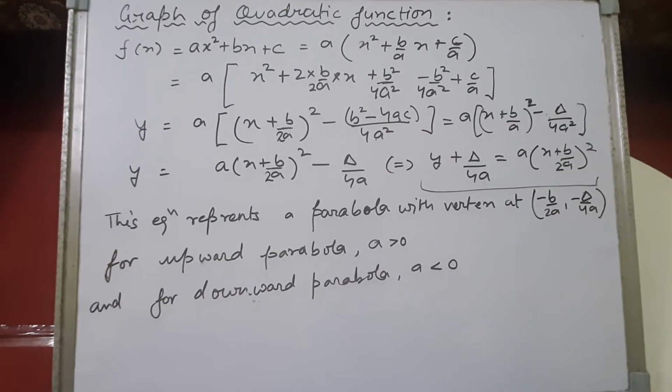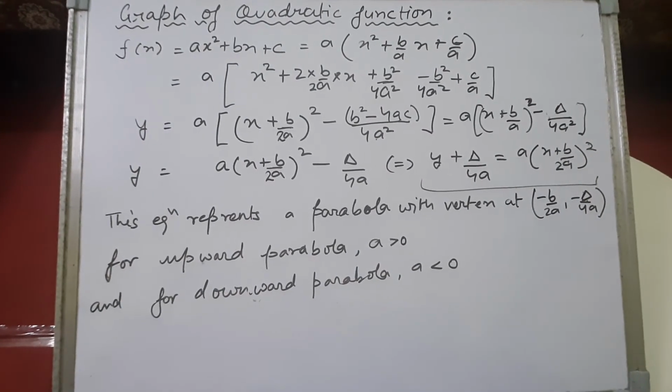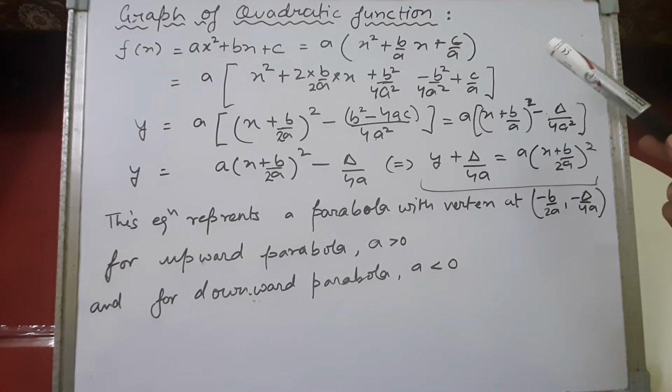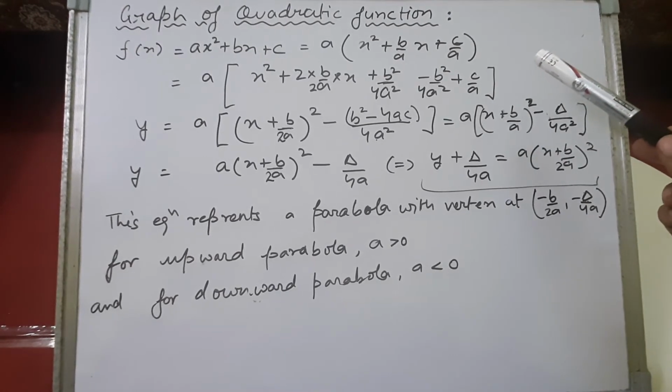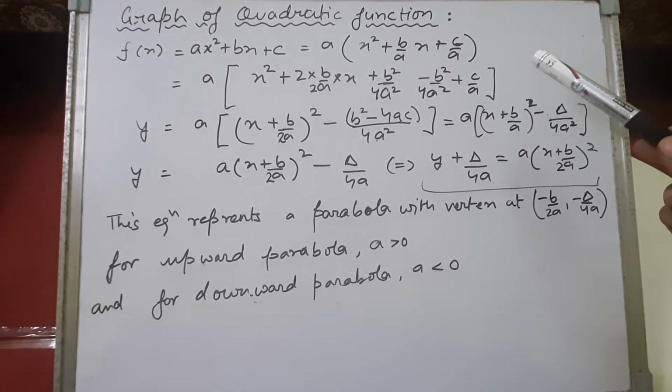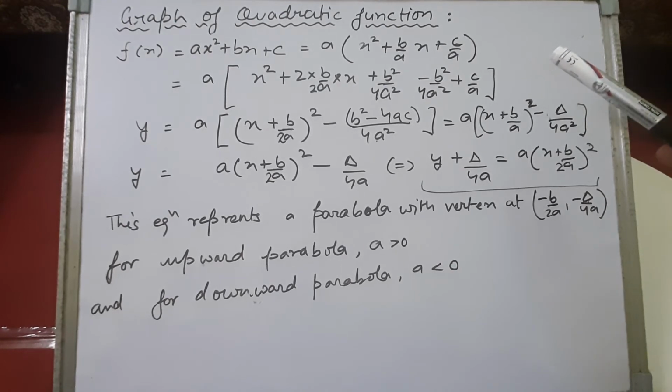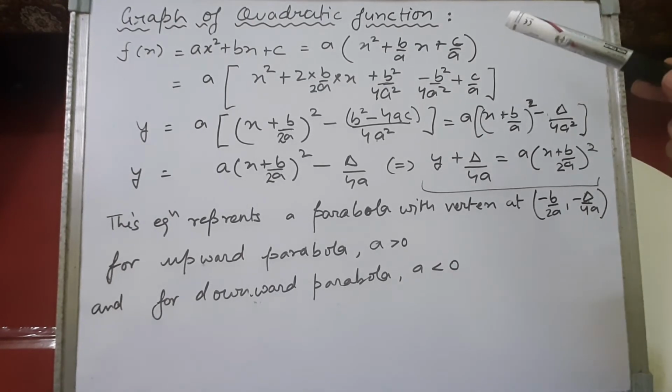Children, now let's try to understand the graph of quadratic functions. I have assumed that the quadratic function f(x) is ax square plus bx plus c, and I'm making a perfect square from the function. For making a perfect square, the first rule is to make the coefficient of x square 1.